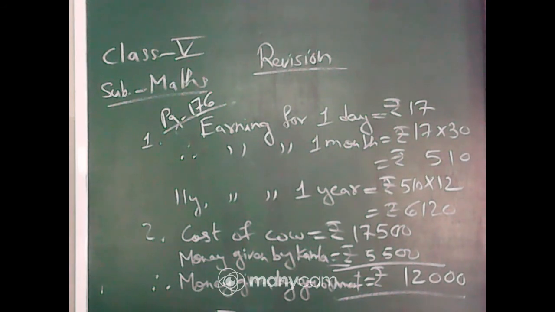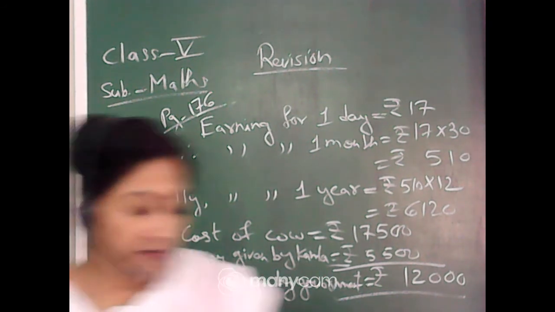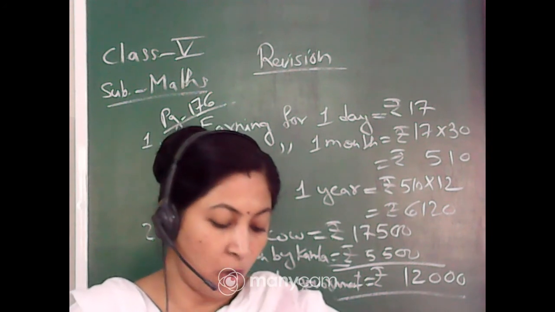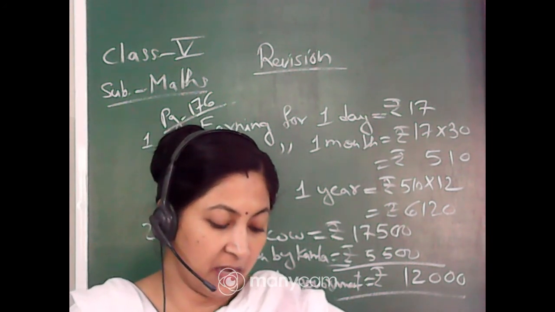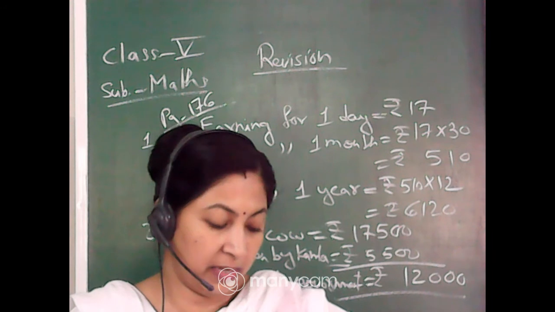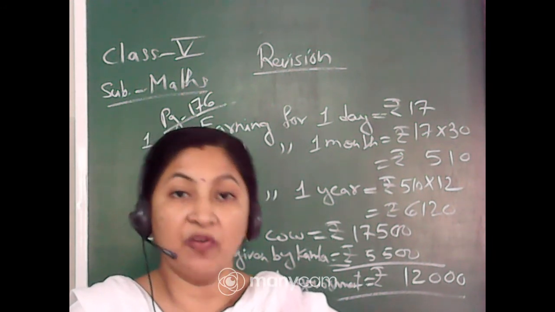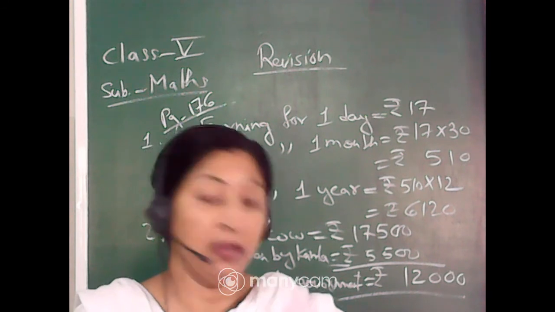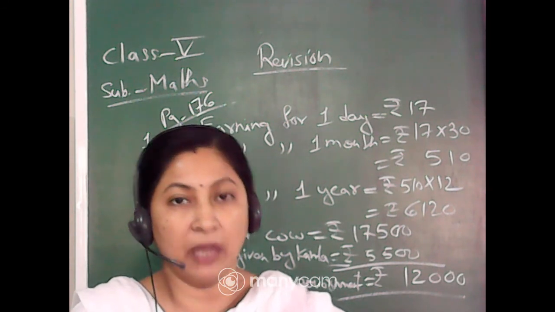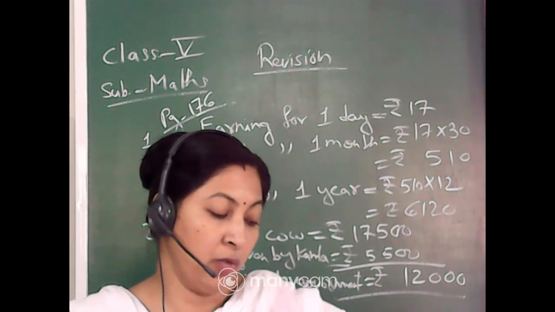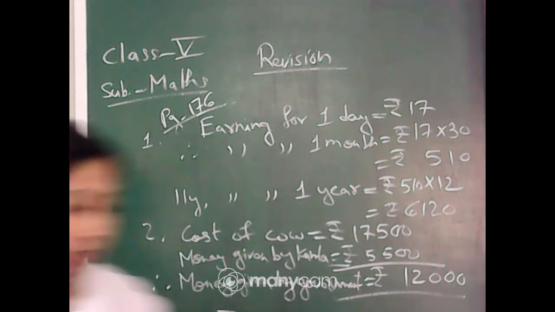Now the next question is, if 9 people from her village got cows, how much did the government spend in all? That means this is the money given by the government for 1 cow, and now they have given 9 people cows, so this will be multiplied by 9.